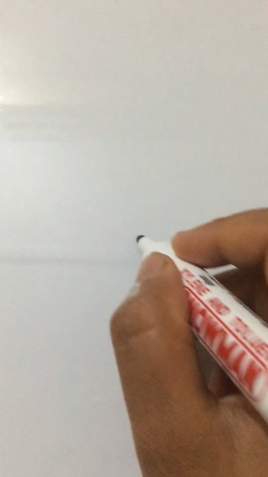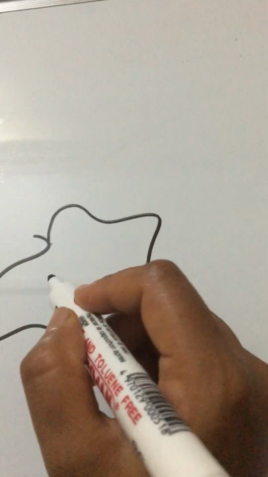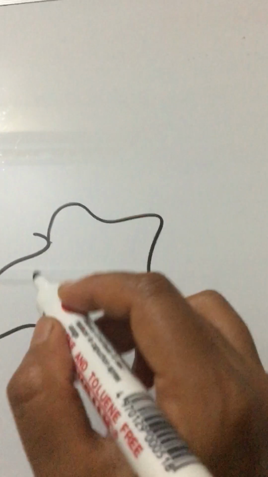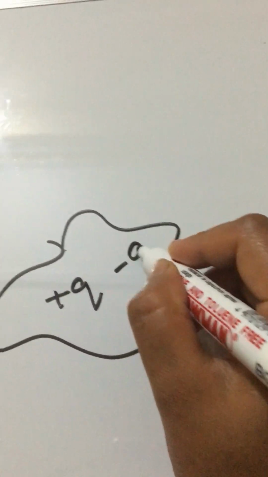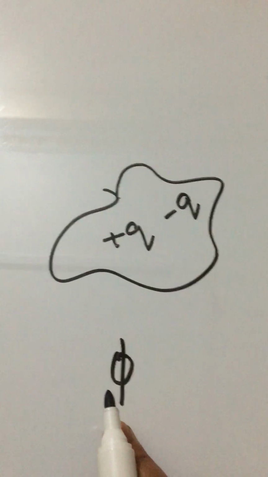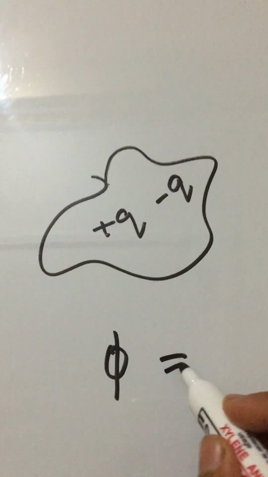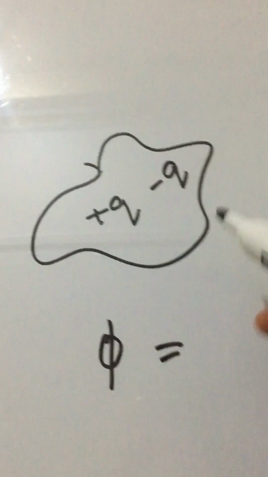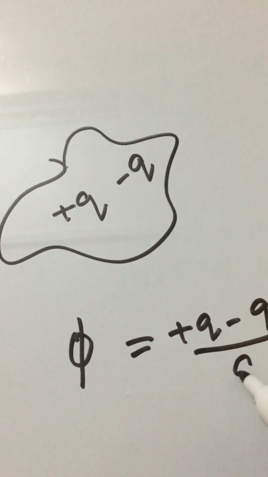That is about the Gauss theorem. Now suppose here is a surface, and in this surface there are two charges, one is plus q and another is minus q. Then what would be the flux? The total charge is plus q minus q, divided by epsilon naught.